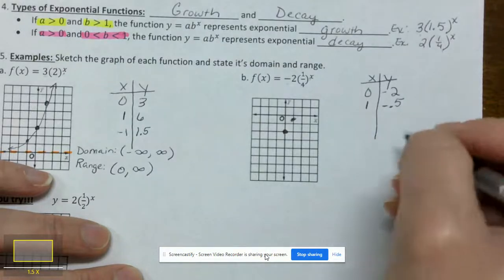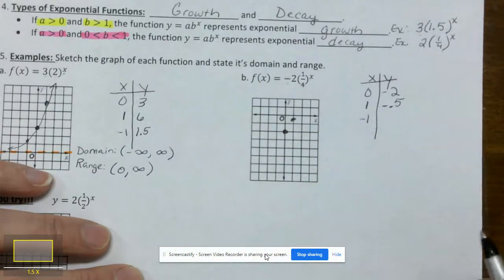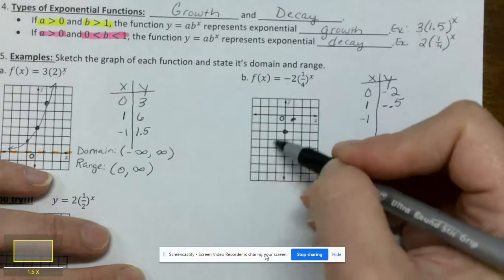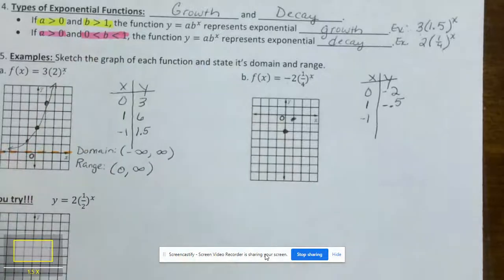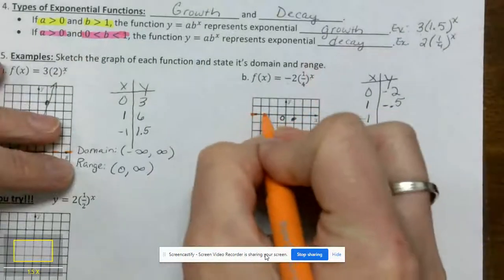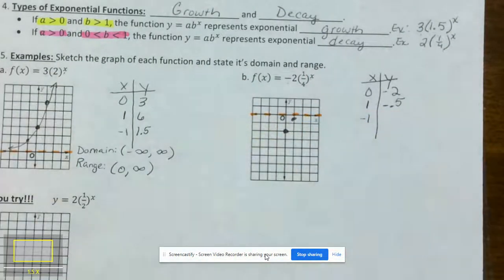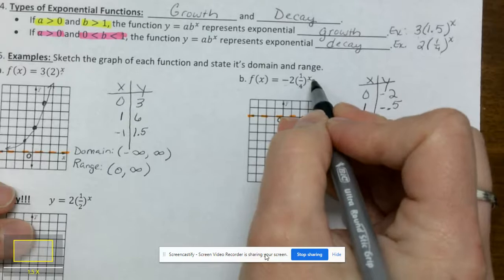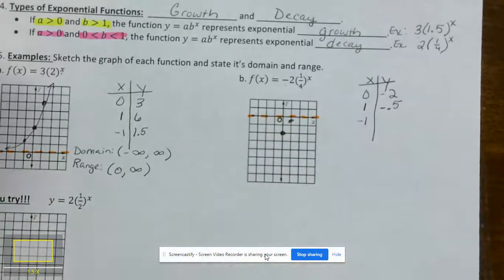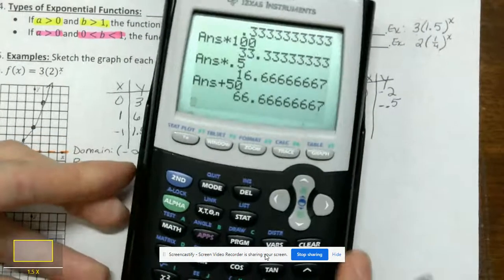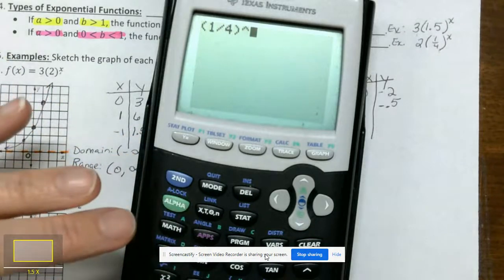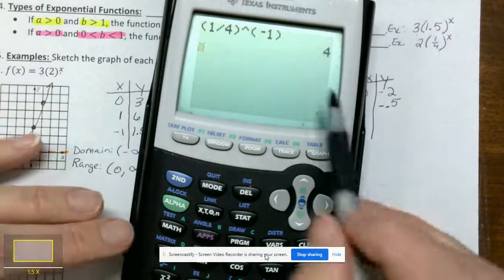What if I put in negative 1? Now remember, we know that this line is coming up because it's approaching this asymptote of our x-axis here. Remember, this is our asymptote. Let me mark that for us. So we're approaching it. So if I put in negative 1, 1/4 to the negative 1 power, and you can do that on your calculator if you've got one. 1/4 raised to the negative 1 power gives you 4.